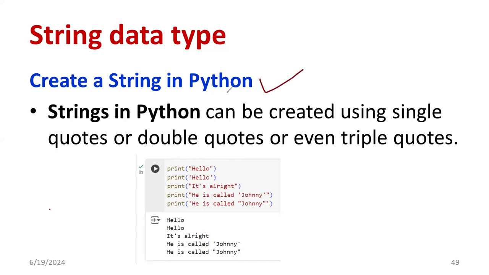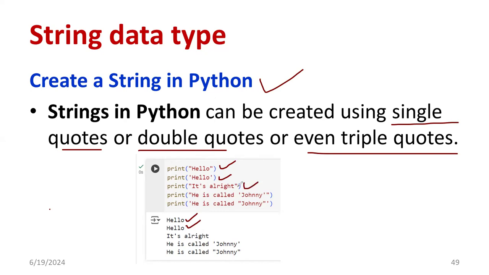First of all, I'll be discussing one simple method to create the string. How to create the string? What is the method for creating the string? Yes, there is a method. You can use single quote or double quote or even triple quote. For example, print hello. Here I am going to use a double quote, double inverted comma. That means print hello, so the result will be displayed. If I write print hello with a single quote, I'm getting the same result. There is no change.